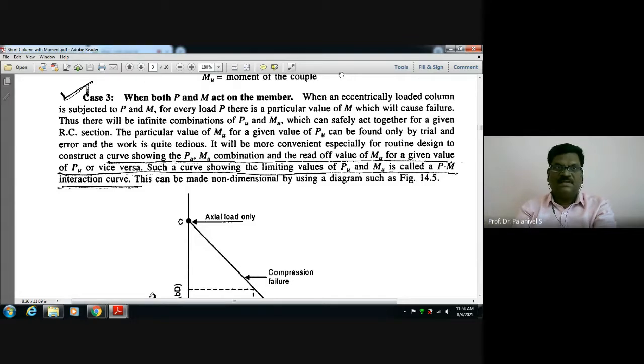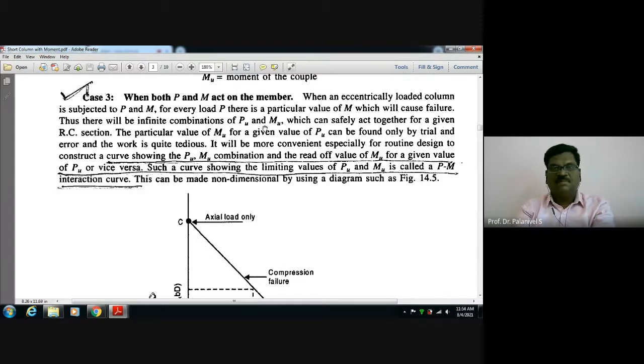Thus, there will be infinite combinations of PU and MU. Obviously, if the PU is more, the MU required may be less. No, it depends on the eccentricity of loading.